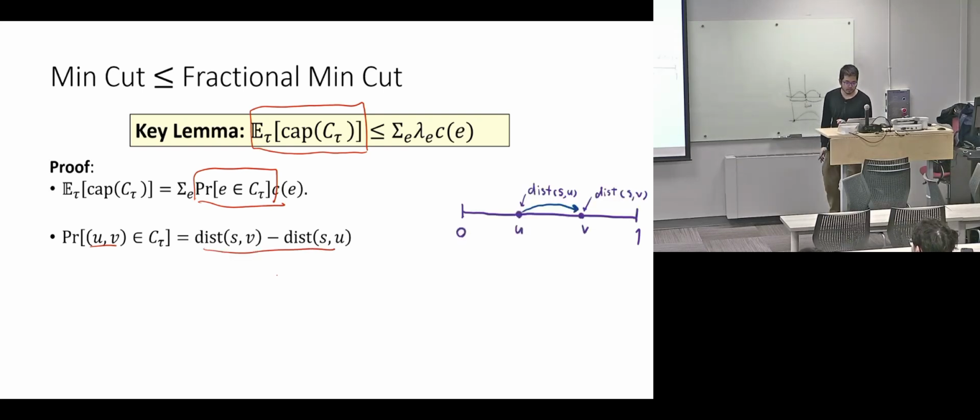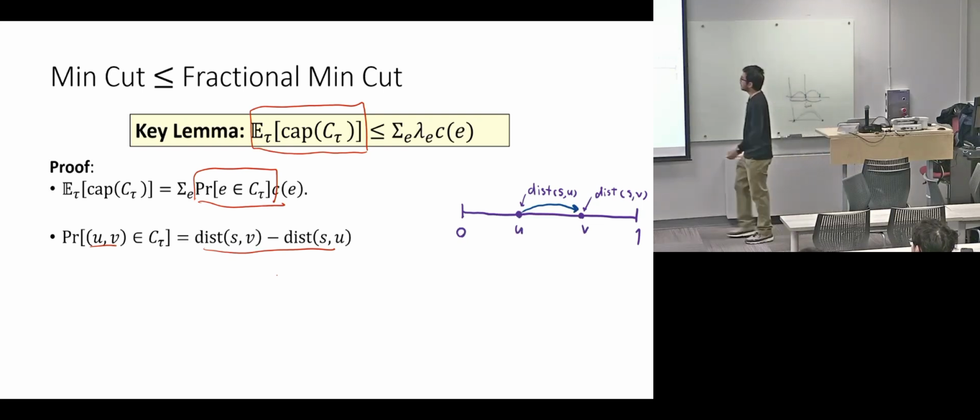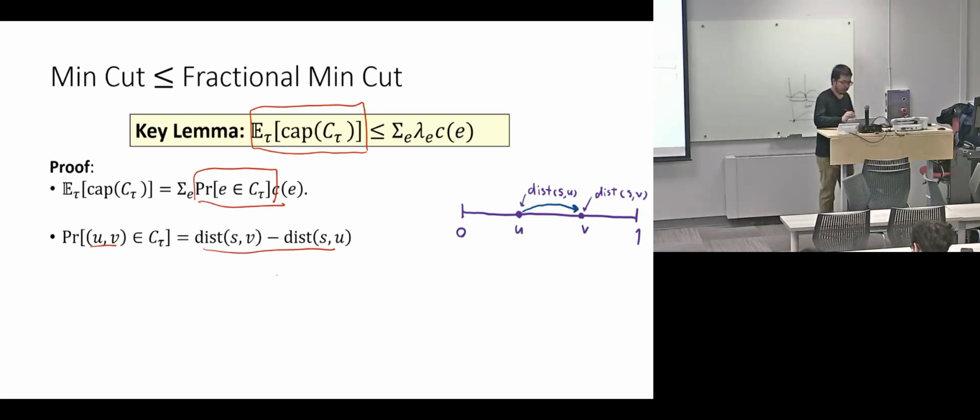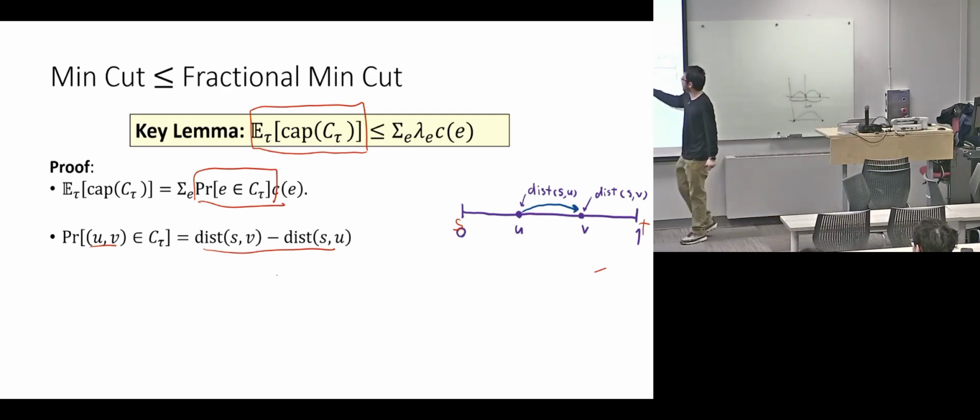How to see this? Well, S is here, T is here, and u and v are somewhere. I just write an interval from 0 to 1, and I put u at the place given by the distance of u from s to t.